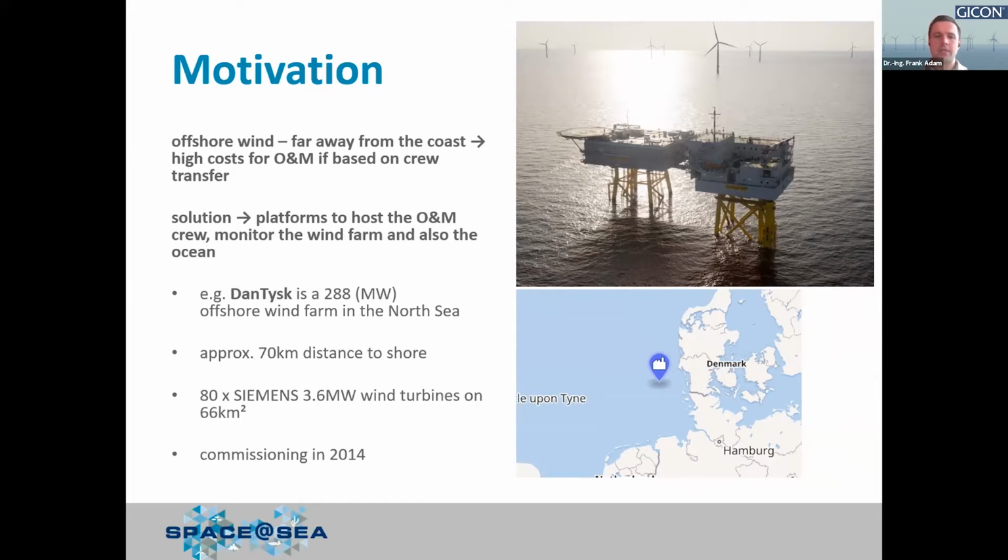And especially this was the motivation to start thinking about an operation and maintenance platform, fixed platform, to have the crews similar to oil and gas platforms offshore over a certain time, let's say 2-3 weeks, and they are operating directly from this platform, and they are maintaining the offshore wind farm by living and working at the platform inside the offshore wind farm.